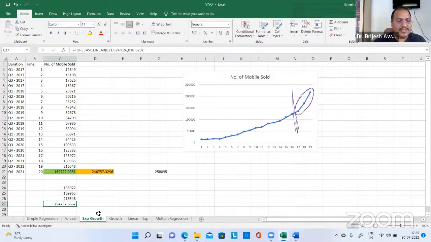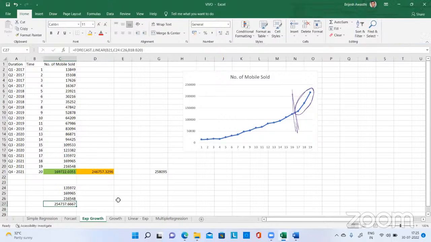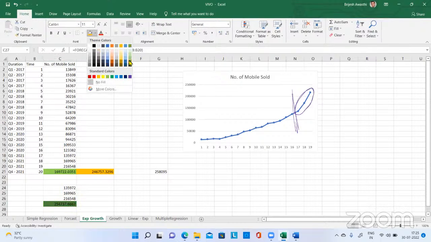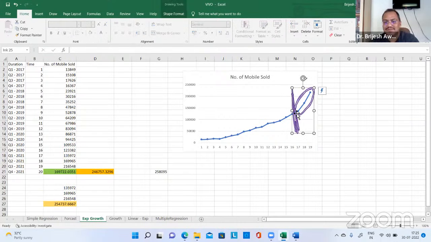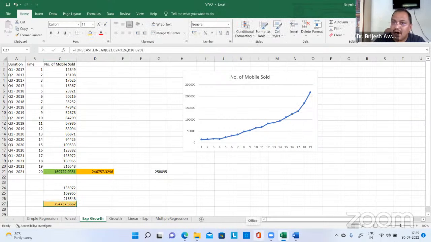What is my forecasted value? 25,470. Now just tell me which one is closer. The last 3. Why is this one closer? If you look at the market trend, you shouldn't rely on the entire data.